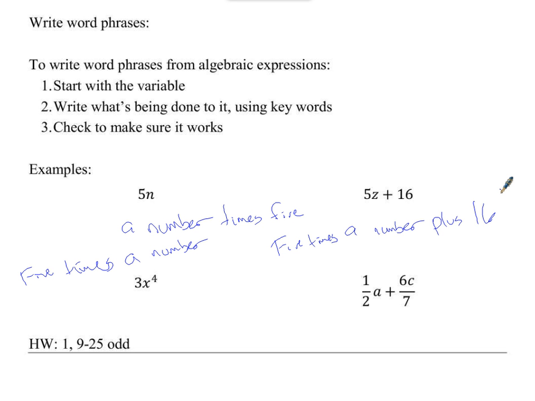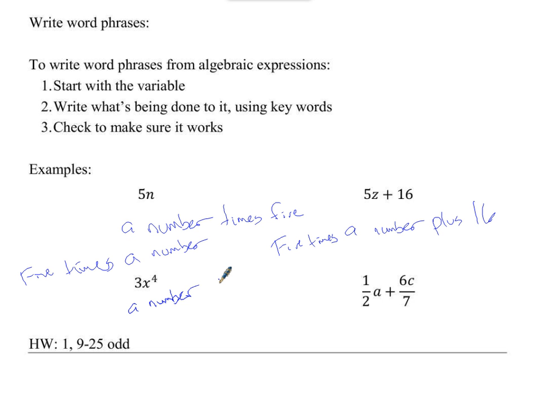Okay? So let's try to talk our way through this one since we haven't seen that sort of thing used before. Where do we begin? Variable will be a number. What are we doing to that number first?